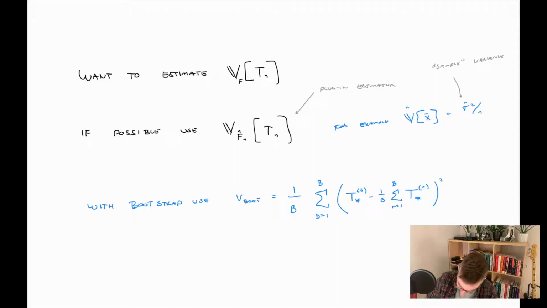So we obtain this quantity that we call v underscore boot. So this thing here is the sample, quote unquote, variance of the Bootstrap replicates.